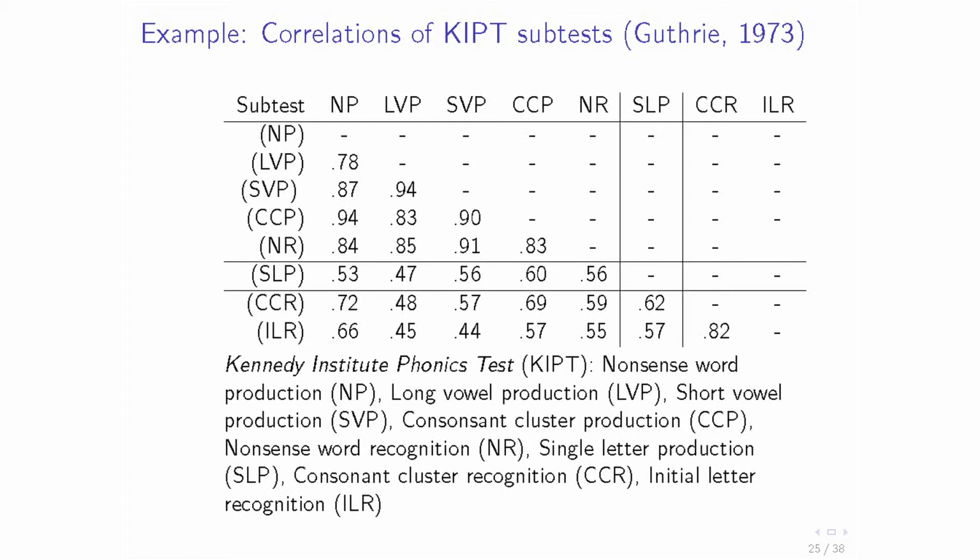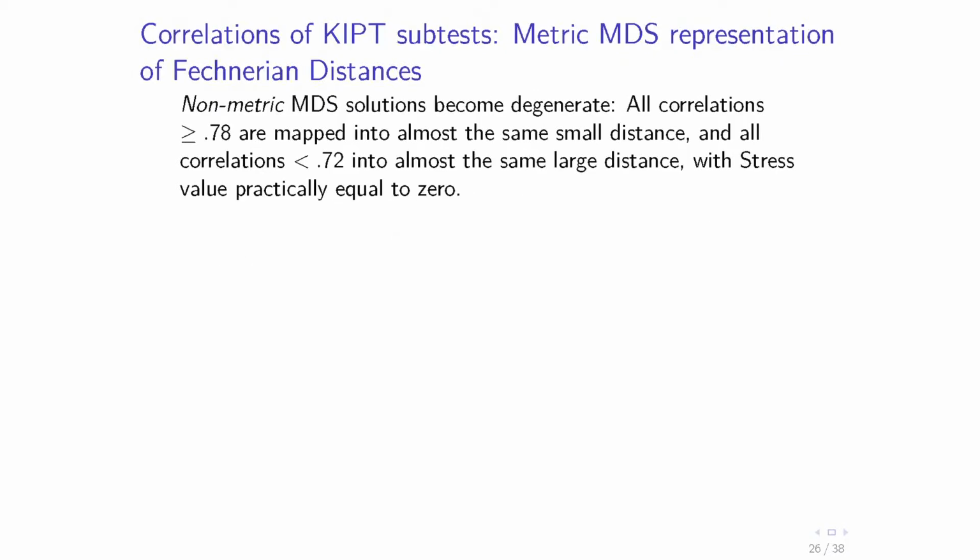This is taken from the book by Borg and Groenen on MDS, and they show that if you feed this data set into the non-metric scaling algorithms, you will get a degenerate solution, meaning all correlations greater than 0.78 are mapped into almost the same small distance, and all correlations less than 0.72 into almost the same large distance, with stress value practically equal to 0. But it's not an informative representation of what is going on here.